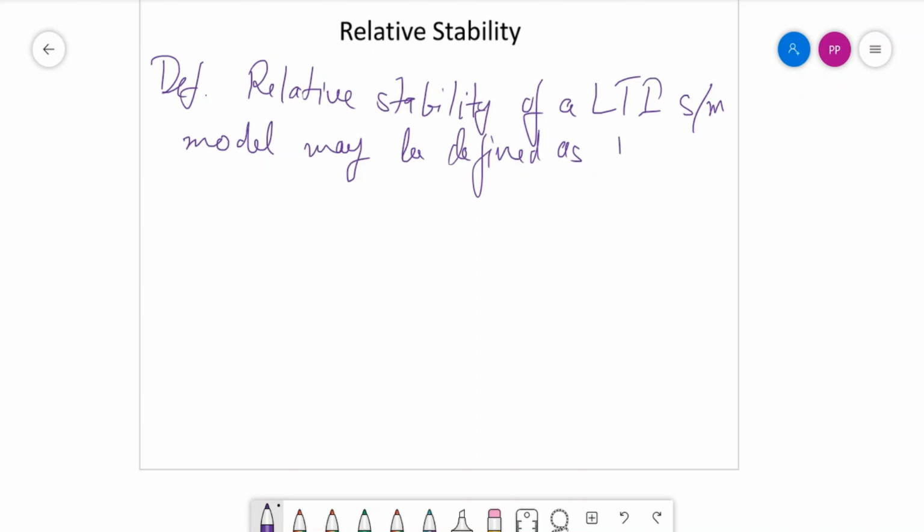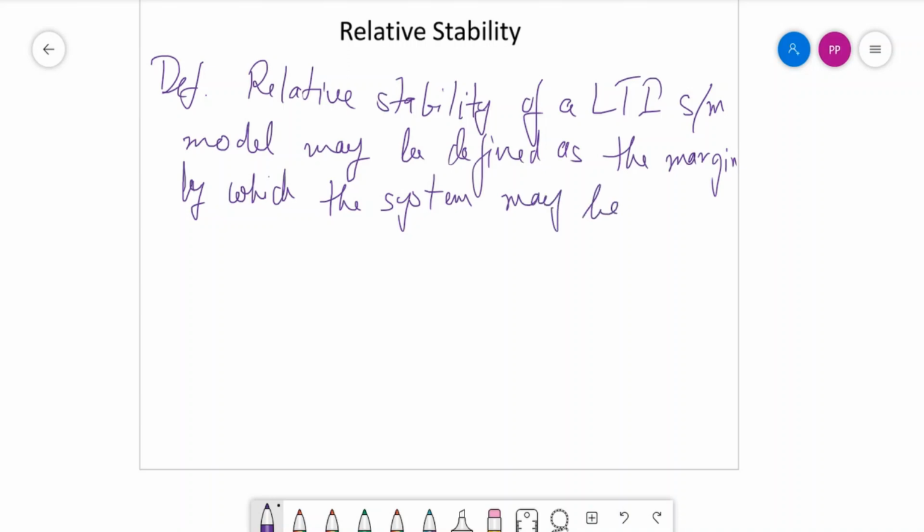the margin by which the system may be perturbed, perturbed means disturbed, or its parameters may be varied.